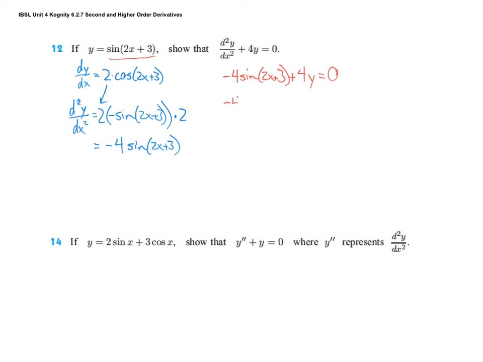So negative 4 sine of 2x plus 3 plus 4 times the sine of 2x plus 3 does equal 0. Okay? So that's what we were trying to test. We found that it does actually work. And there we go.